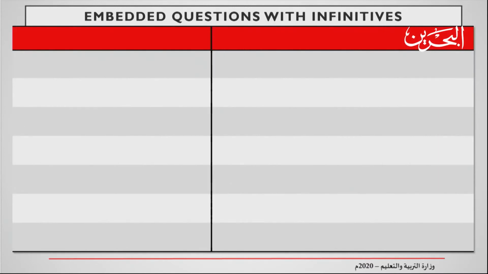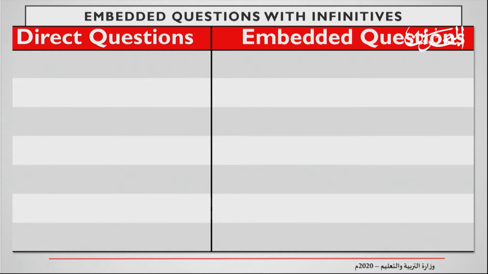So, embedded questions with infinitives, direct questions, then the embedded questions. Let me show you the first type. What can I wear? This is a direct question. Now, with this, I would like to use the embedded question.